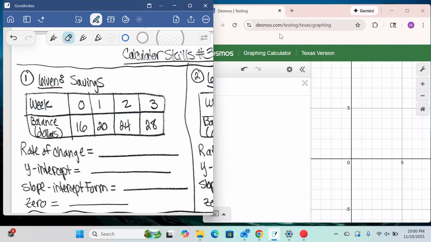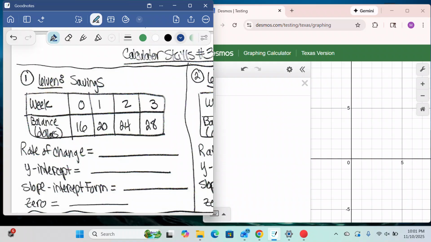Today we are going to be talking about tables and, of course, graphs, linear and quadratic, and identifying exponential, and just about everything in calculators number 3. Given on question number 1, savings account, we have week 0, 1, 2, 3 and balance in dollars. As your savings account increases, it's going to be a positive slope, which is the rate of change.